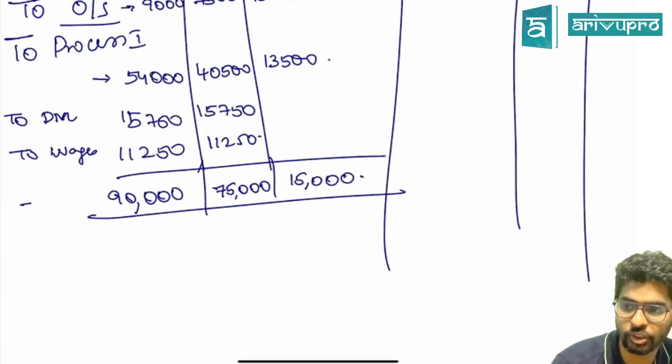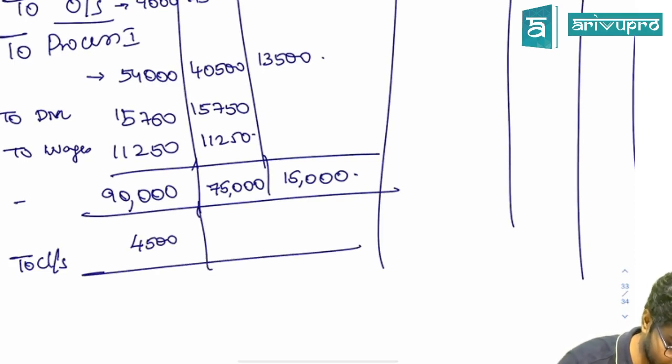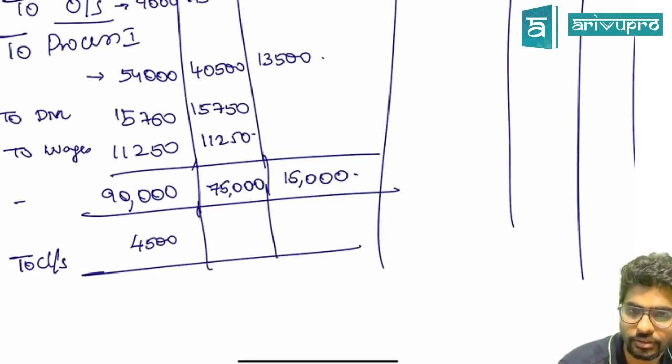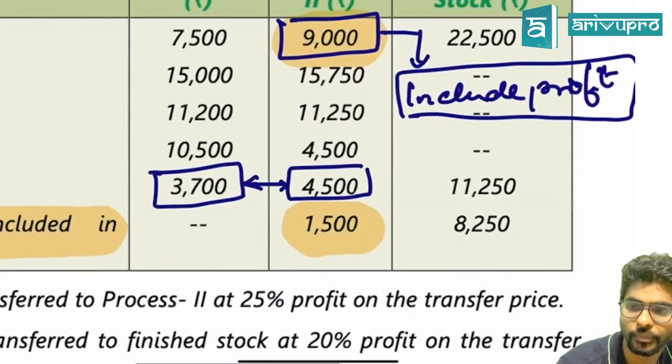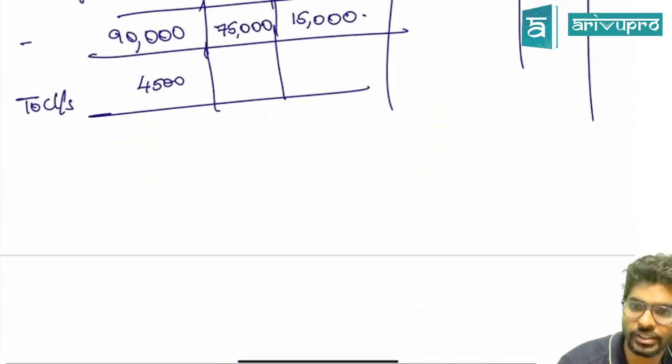So I am just doing the total of it. Now they are telling me the closing stock is 4,500, correct? To closing stock is 4,500, yes or no? Everyone? Yeah, this 4,500, what is there?